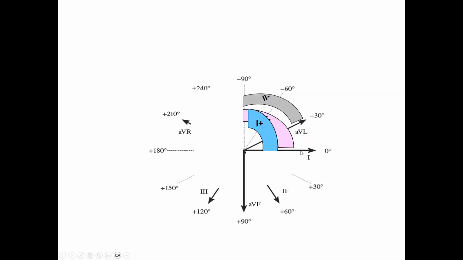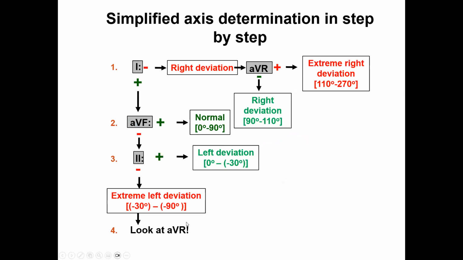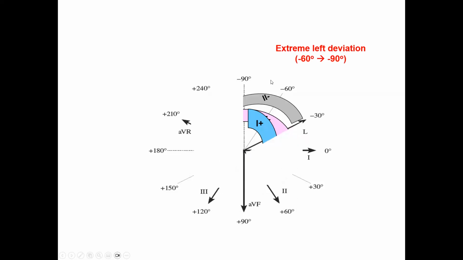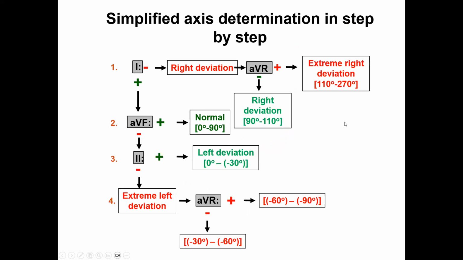If lead number 2 is negative, you do have extreme left deviation, so that's a pathologic condition. You can look at AVR to see whether this is over minus 60 or less than minus 60, so whether falling between minus 30 and minus 60 or between minus 60 and minus 90. Look at AVR. If AVR is positive, you are here. If AVR is negative, you are there. That's it. This is how you can calculate the axis very easily, and I think it won't cause any problem.